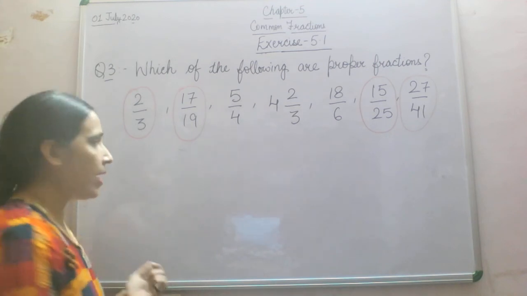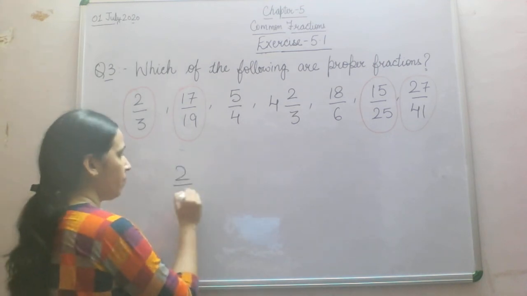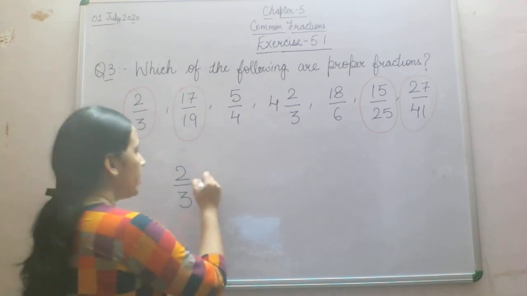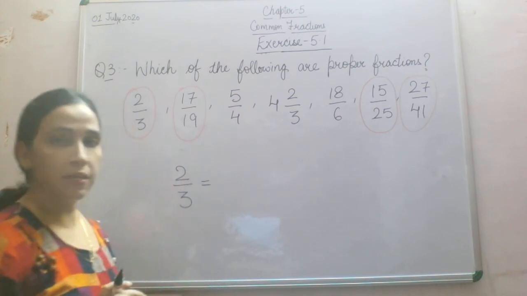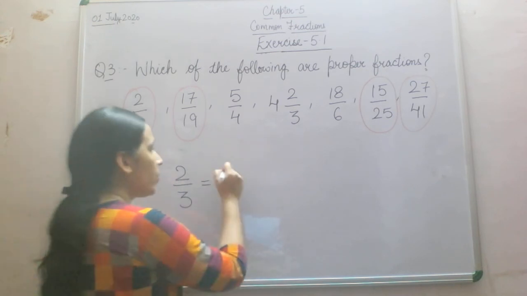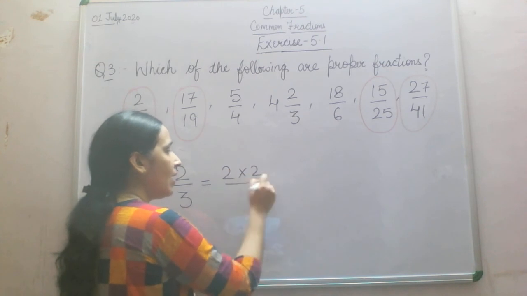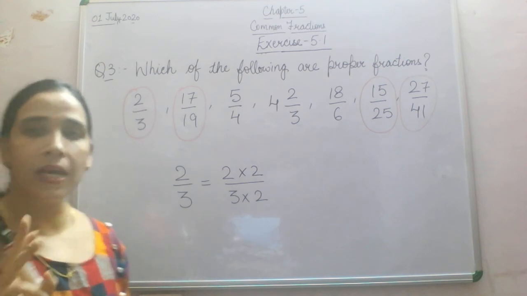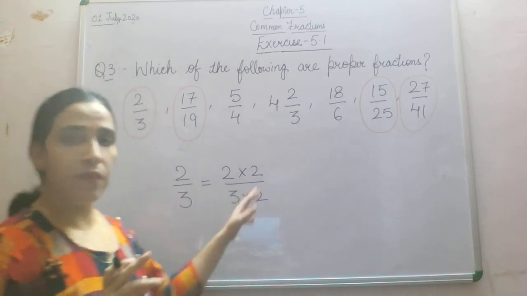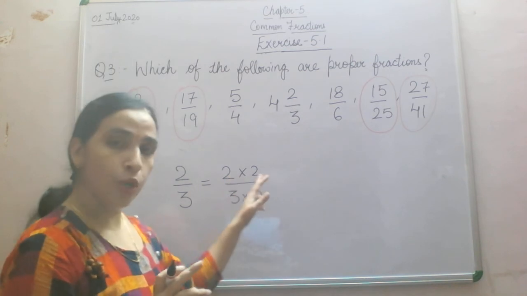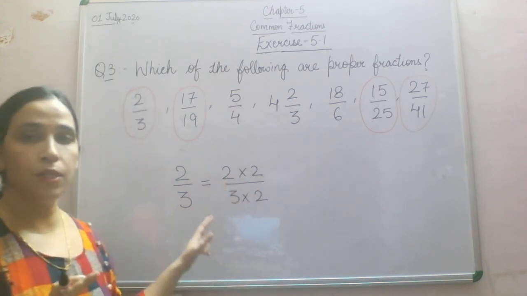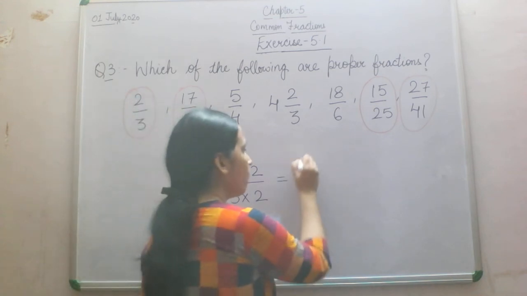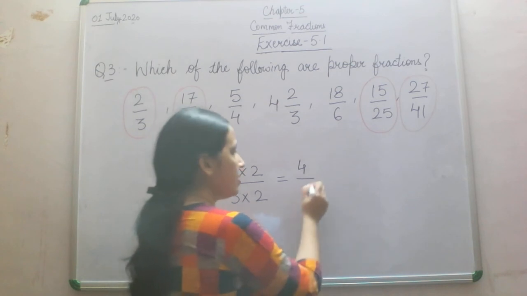Now if I have this fraction 2 by 3, we are going to multiply this 2 by 3 with a common number, with the numerator also and with the denominator also. Like here I have taken a common number, that is 2, and I have multiplied the numerator with 2 and the denominator also with 2. Now what we have got, 2 2s are 4 and 3 2s are 6.